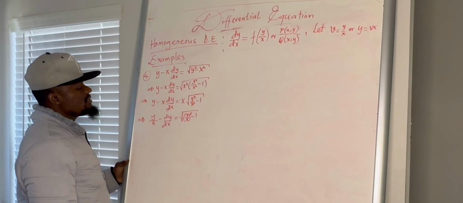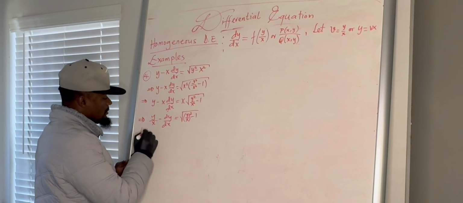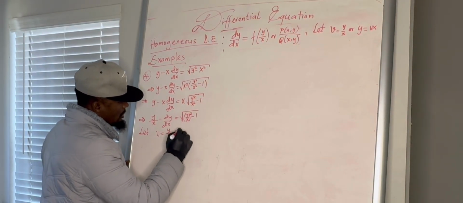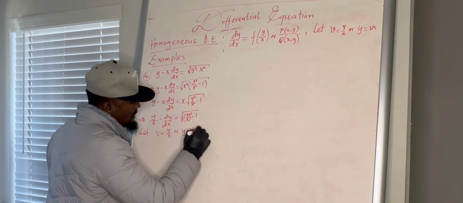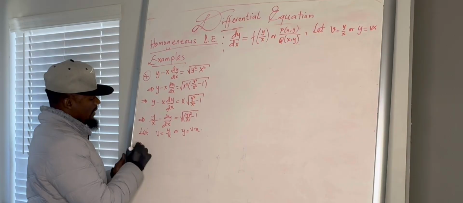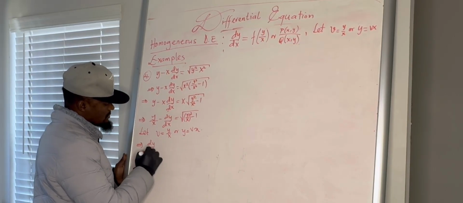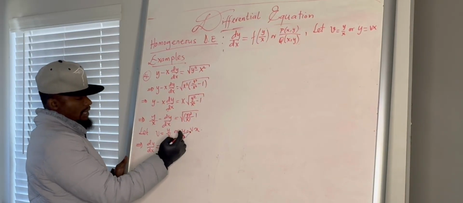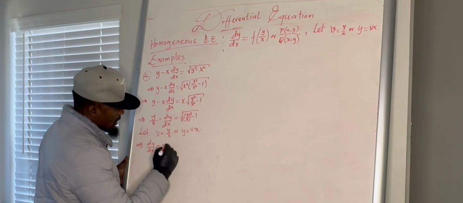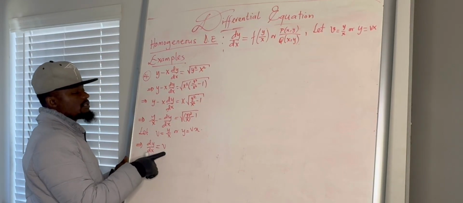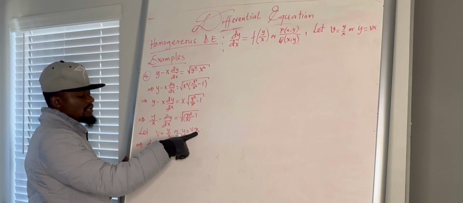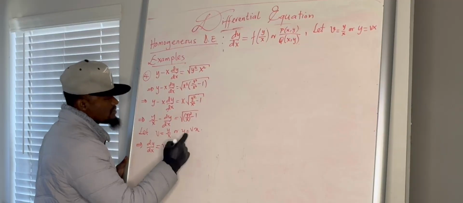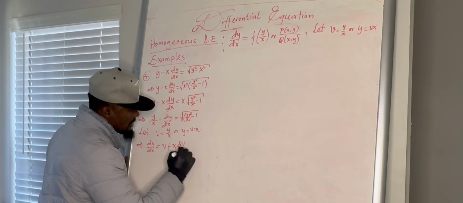This is for me to easily see that I can define my v equal to y over x, or my y equal to vx, wherein dy by dx will be equal to, the product rule applies. I keep one constant and I differentiate, so I keep v constant, I differentiate x, that gives me dx by dx, that gives me 1, plus I keep x constant and I differentiate v, which is dv by dx.